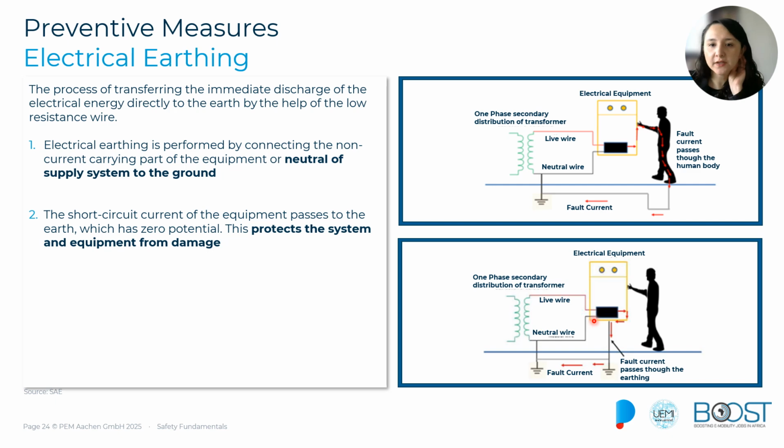To conclude here, I just want to leave you with a message: safety is a shared responsibility. Safety is not just about protecting yourself, but also about how you can protect your colleagues, how you can protect equipment, and how you protect in general the environment where we are.